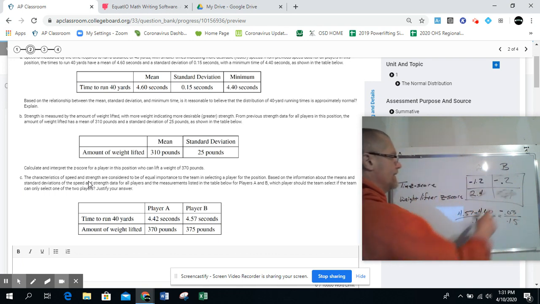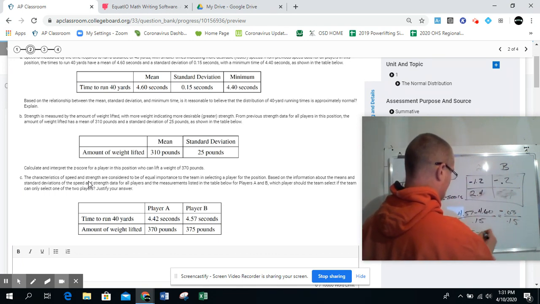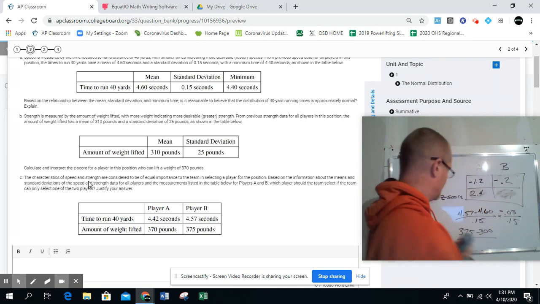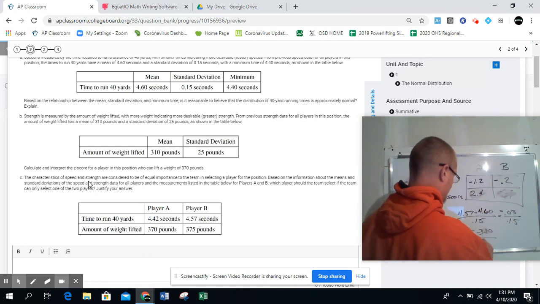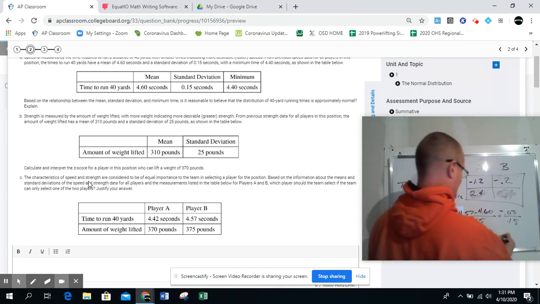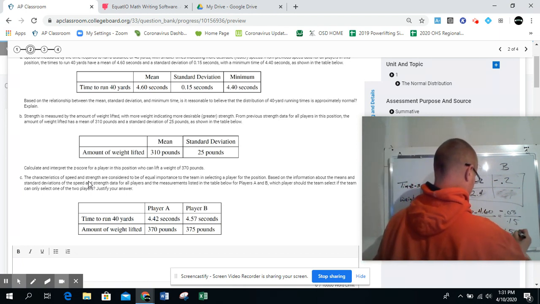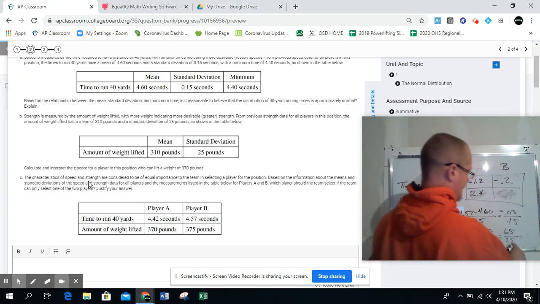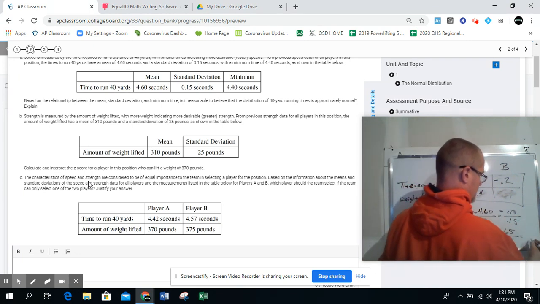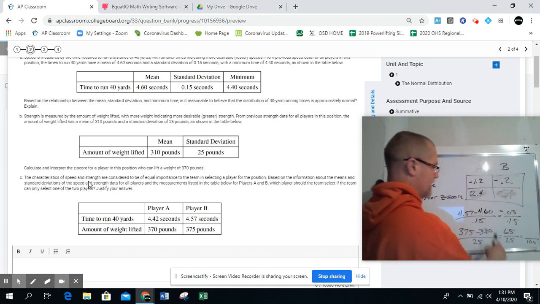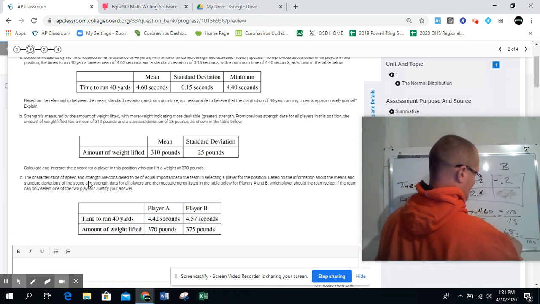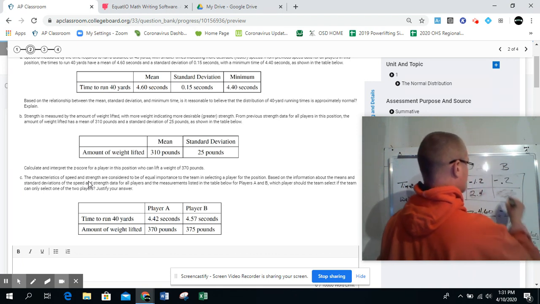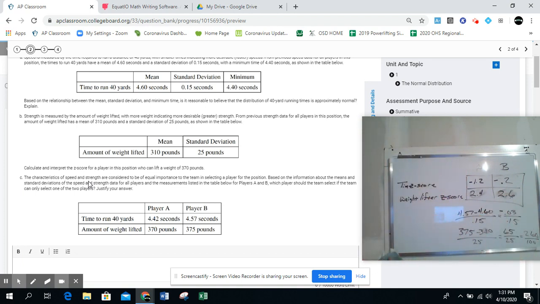And then for 375 minus 310, divided by 25, this is going to be 65 divided by 25. If I multiply that by 4, that's over 100. I just don't have a calculator with me, so I'm multiplying by 4. This is going to be 260, so 2.6.